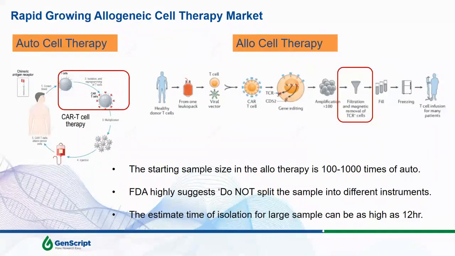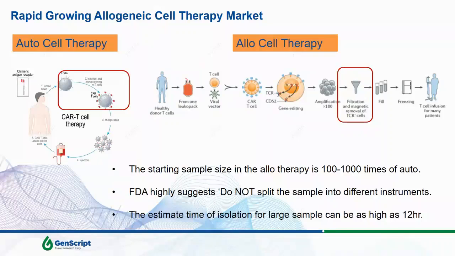Except for the reagent, we have already used our way to perfect the imperfection. There are still some unsolved issues for the allogeneic therapy. From auto to allo, the sample size before the isolation will be 100 to 1,000 times bigger. Normally, for the autologous, the total cells of the starting sample will be around 10^9 level.